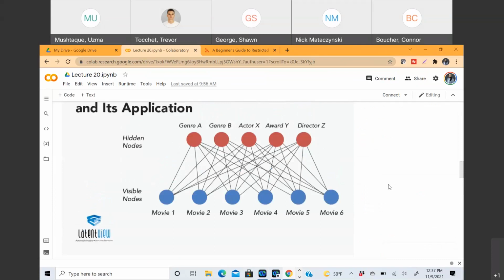But actually it does, because if you think about it, let's focus on this movie 2, right? So movie 2 is created by getting all these inputs from all the hidden nodes. But that's not the only node that is being reconstructed by these.